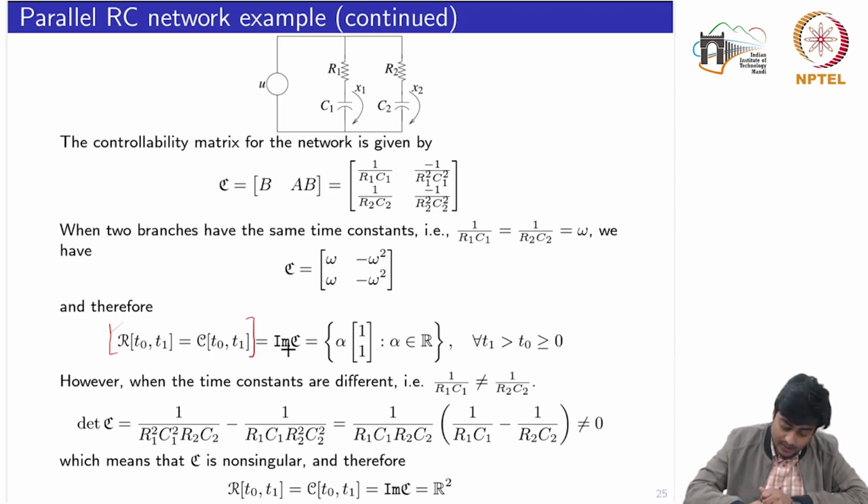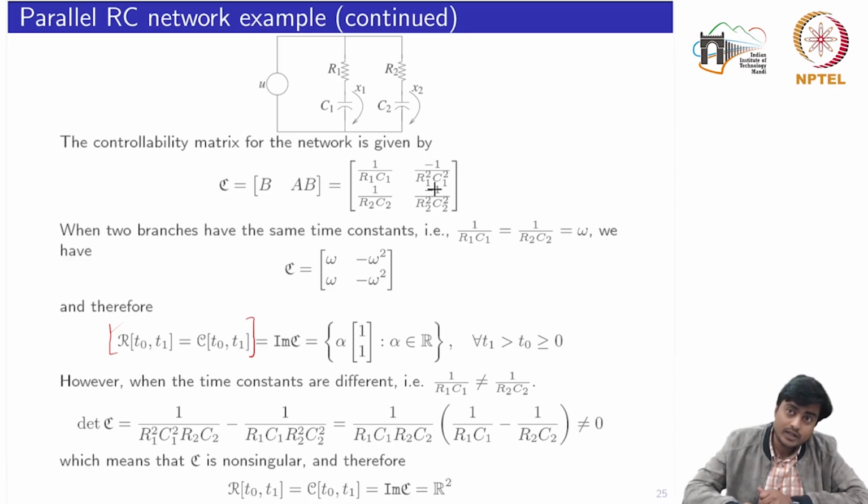Now it is again the image of C, which is again given by some alpha times 1. Okay. However, when the time constants are different, 1 by R1 C1 not equal to 1 by R2 C2, we had seen earlier that the system is completely controllable and reachable. Why? Because both the subspaces were equal to R square.